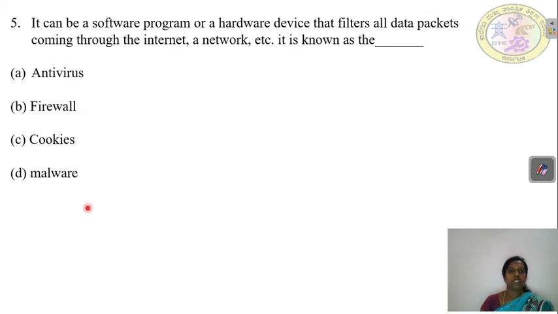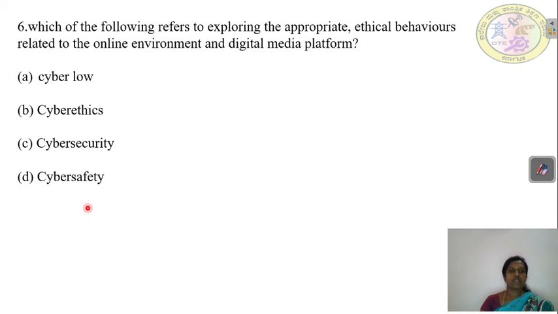Fifth question. It can be a software program, hardware device that filters all data packets coming through the internet or a network, etc. It is known as Dash. A, antivirus, B, firewall, C, cookies, D, malware. Answer is B, firewall.